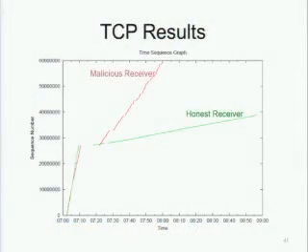We performed this comparison using GuFi for Daytona, and we found that the malicious receiver actually does pretty well. On the x-axis, we have the time, and on the y-axis, we have the sequence number of the packets sent out at any given time. We can see that for a particular time, the malicious receiver succeeds in getting the sender to send out a lot more packets than the honest receiver.